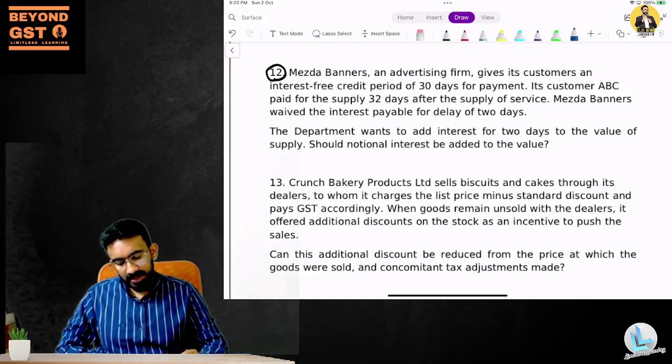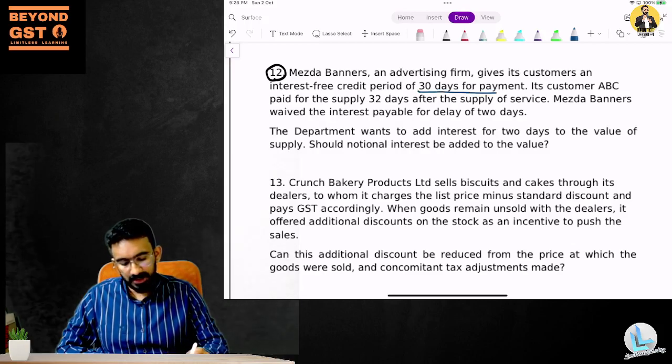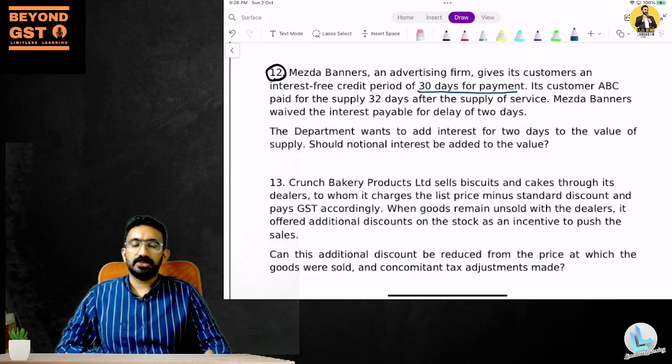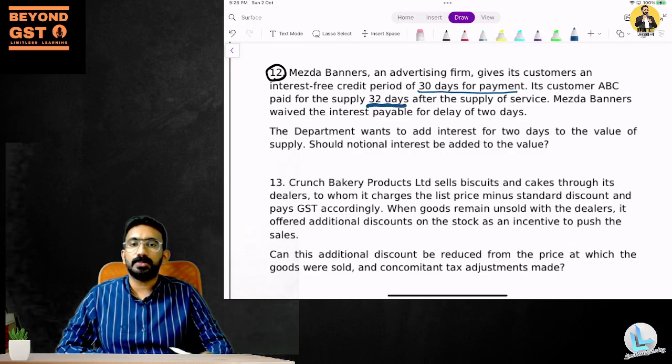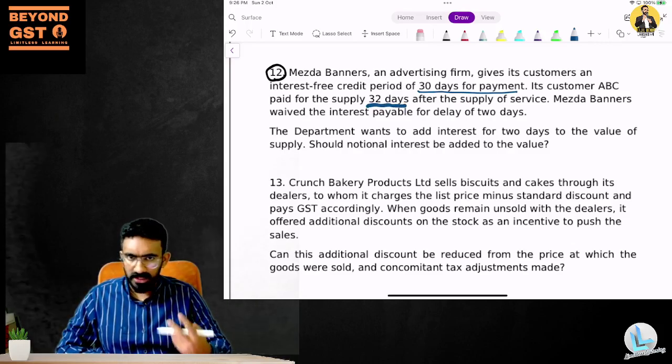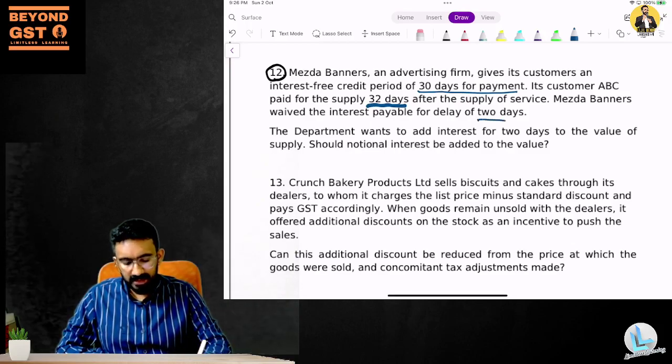So they're saying Mazda Banners, an advertising firm, gives the customer an interest-free credit period of 30 days. So if the customer pays within 30 days, no problem. If the customer ABC paid for supply 32 days after, so how many days did they take for making payment? 32 days, which means is there a delay? Yes, 2 days delay is there. So can they collect interest on that?